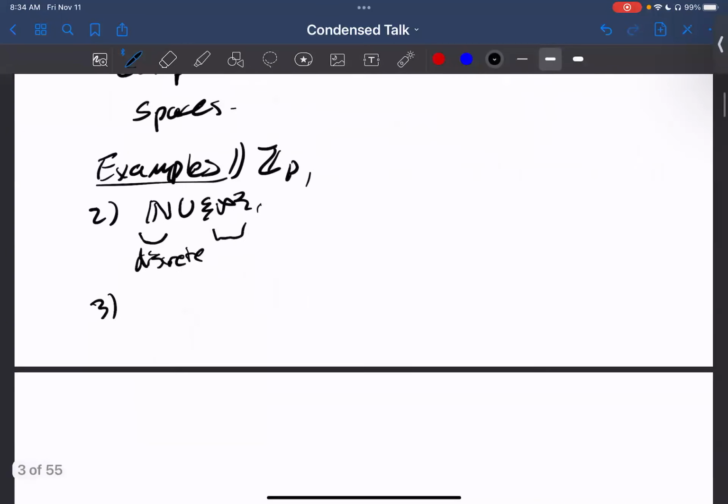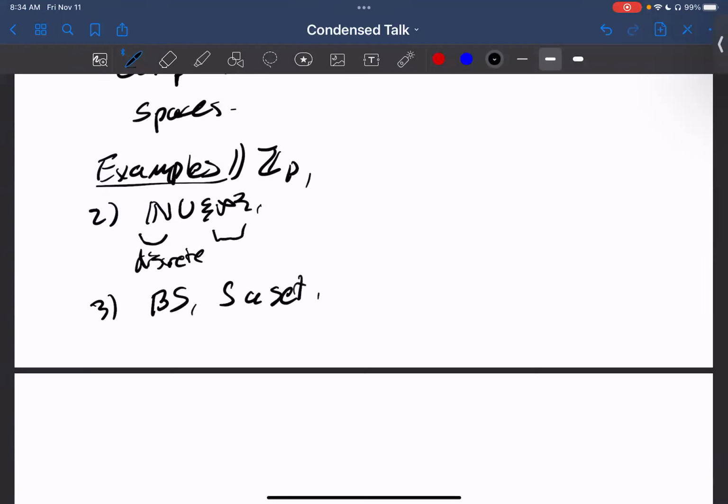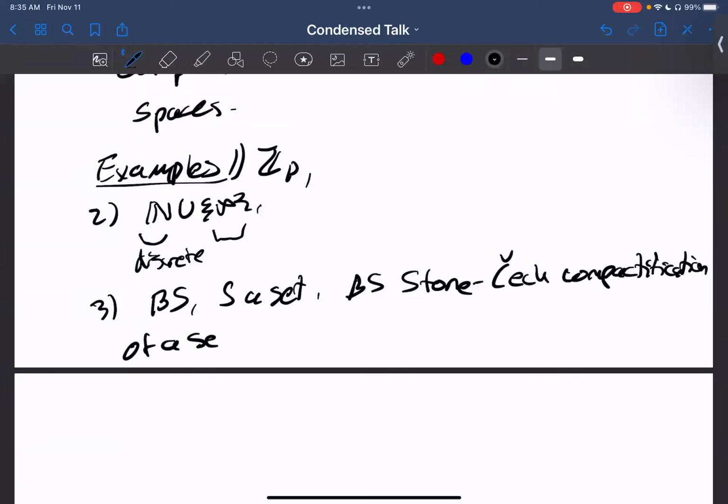For a third example, a very important class of examples is beta S for S a set. So beta S is the Stone-Čech compactification of a set S, which is some sort of universal compact Hausdorff space.